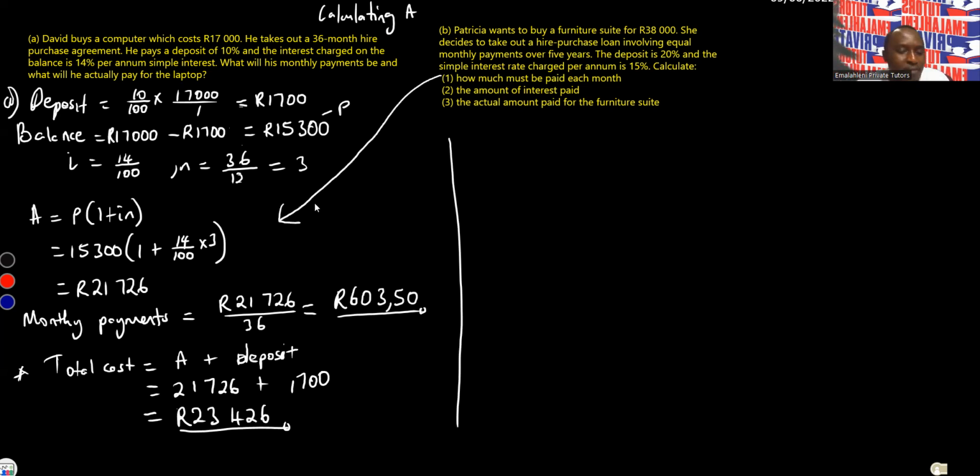So here is what we're supposed to do here. You must first find the accumulated amount here. So you've got this, and you also have that. Then the amount of interest paid. Now, I'm going to calculate this one here, the amount of interest paid. So I'm going to add it on this question here, so it's going to be A extended.